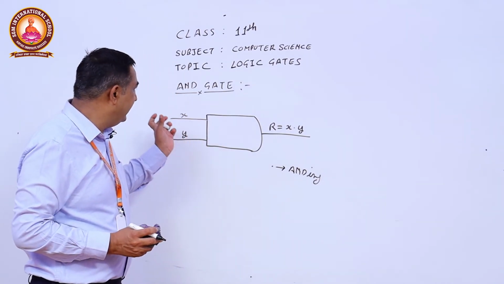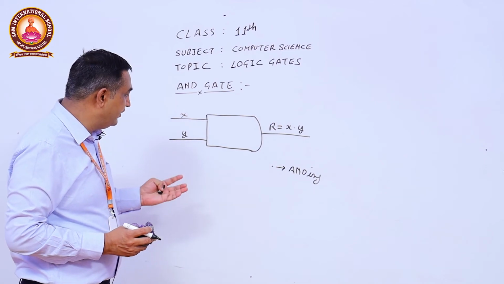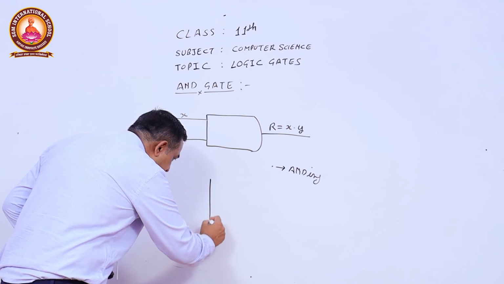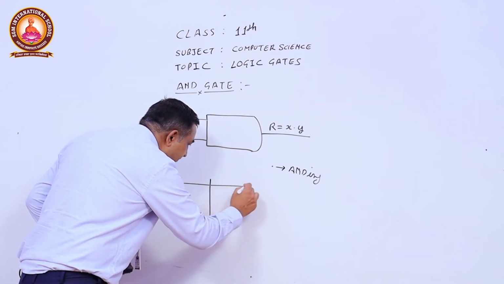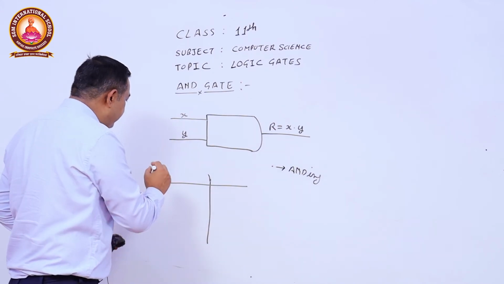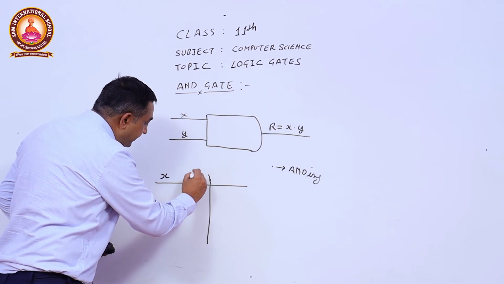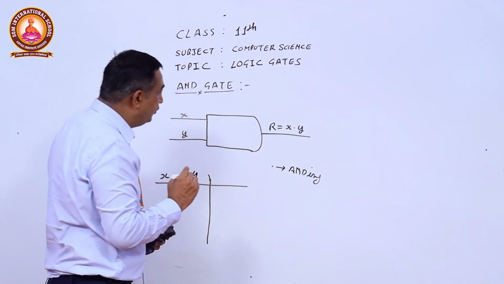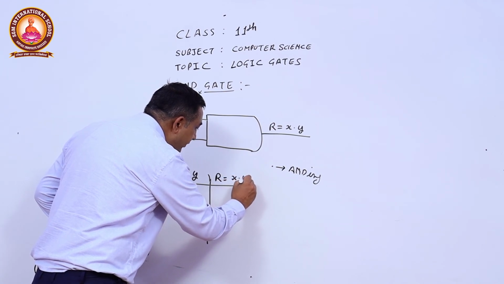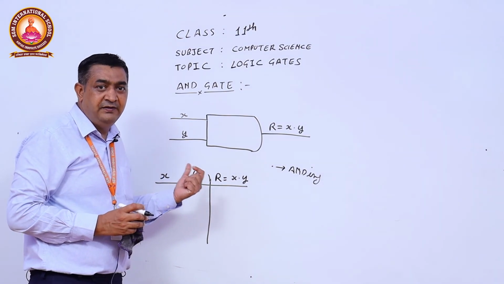The functionality of the AND gate, let us understand by the truth table. So I am going to draw the truth table. Very first, you draw the vertical line and write all the input variables on the input side. There are 2 inputs in this gate. First is the X input, second is the Y input, and one output, that is R equal to X dot Y. With 2 inputs, the total combinations will be 4.